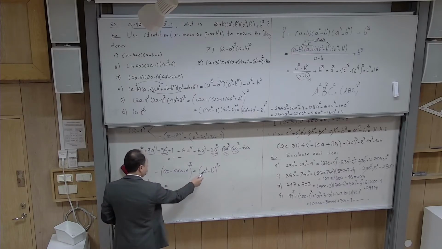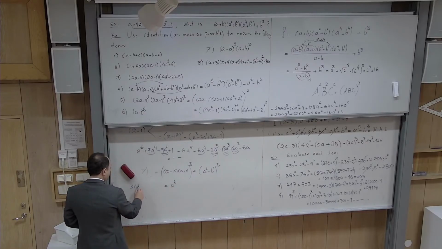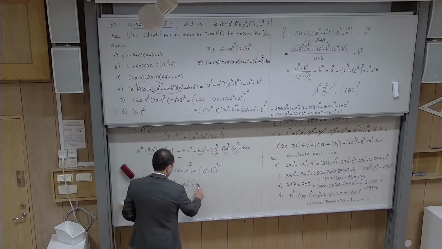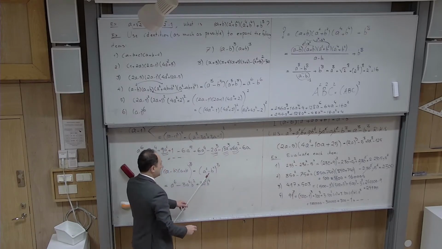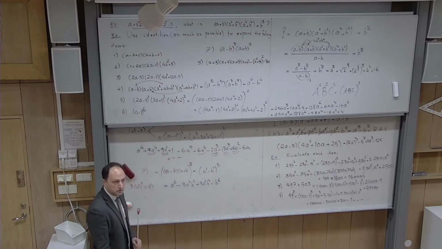So this becomes the first one to power 3, which is a to the 6, minus 3 times the first one squared times the second one, which becomes minus 3a to the 4 b to the 2. The other one becomes plus 3a to the 2 b to the 4. And finally, the second one to power 3, minus b to the power of 6.